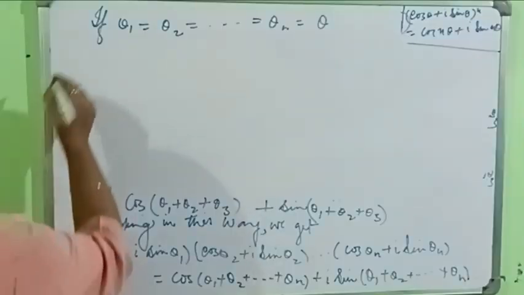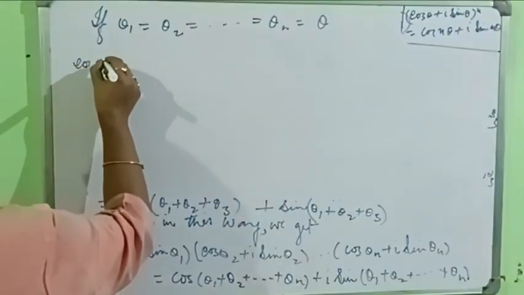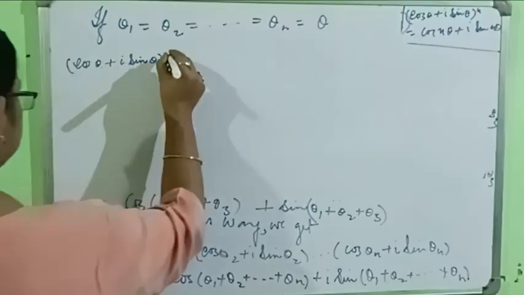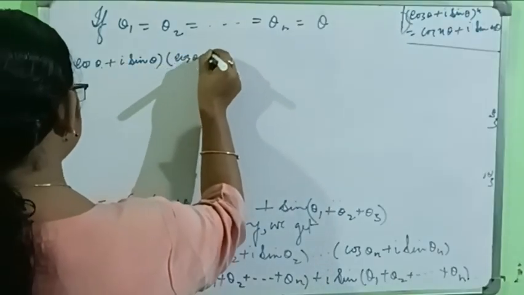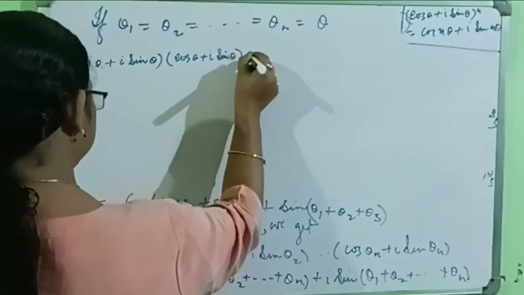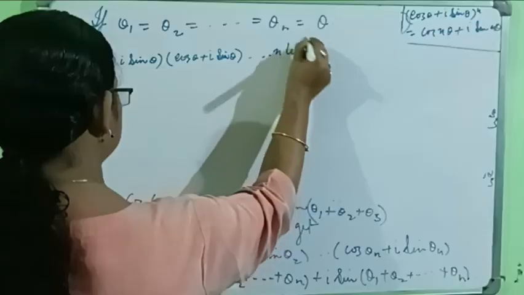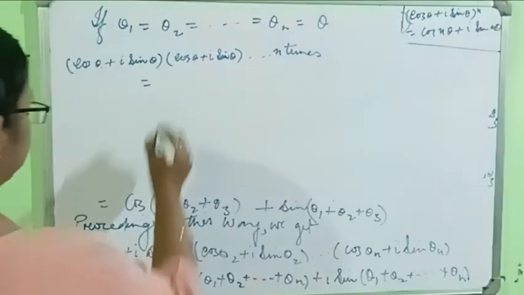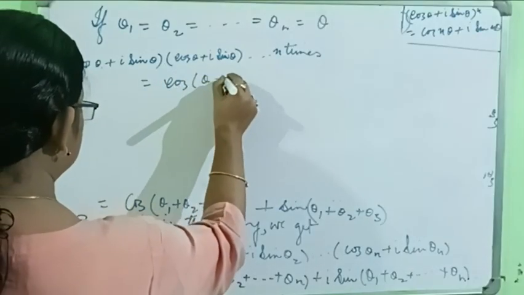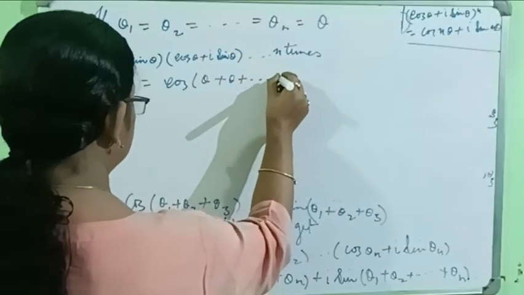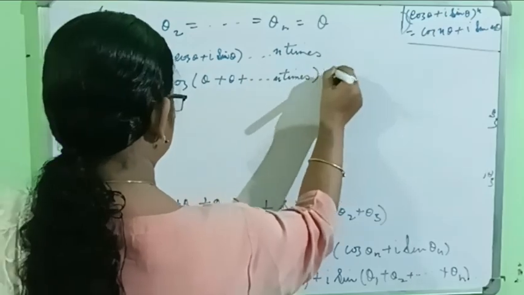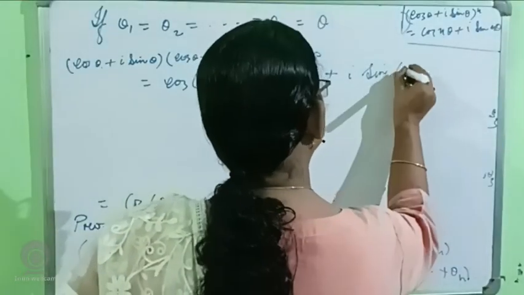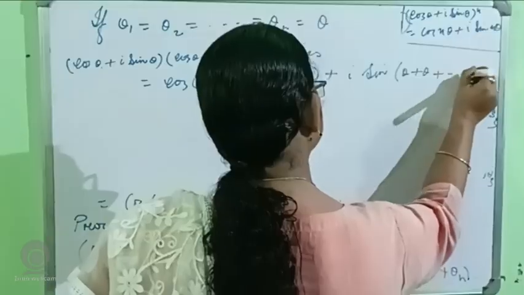Then in the left hand side, you will get (cos theta plus i sin theta) into (cos theta plus i sin theta), how many times? n times. 1, 2 up to n times. In the right hand side, I will get cos of theta plus theta, sum of how many thetas? n times, plus i sin of theta plus theta, n times.